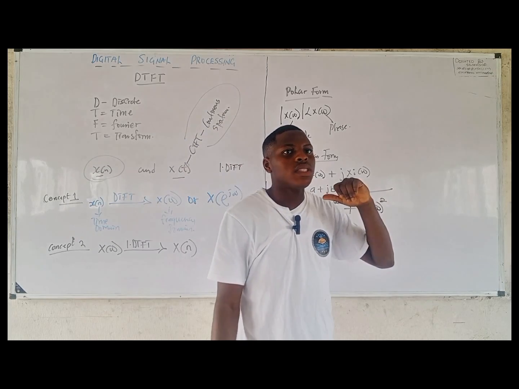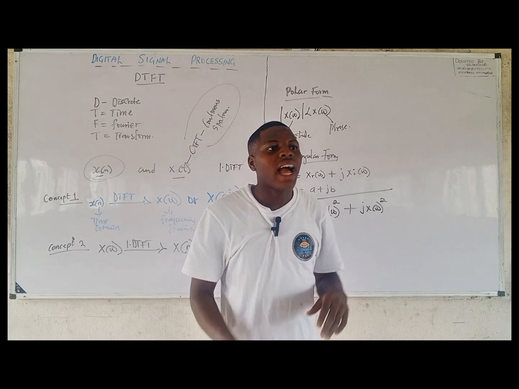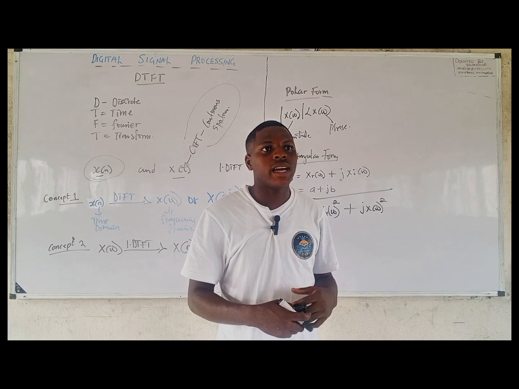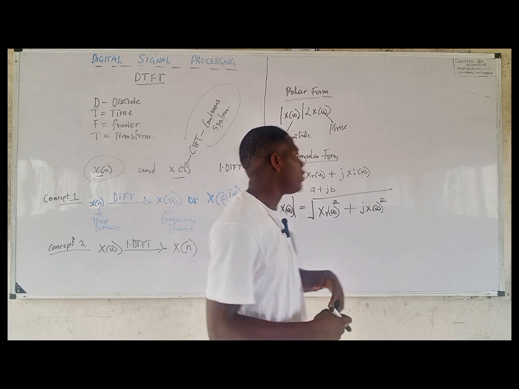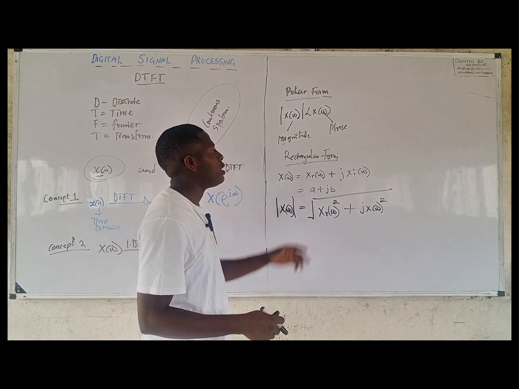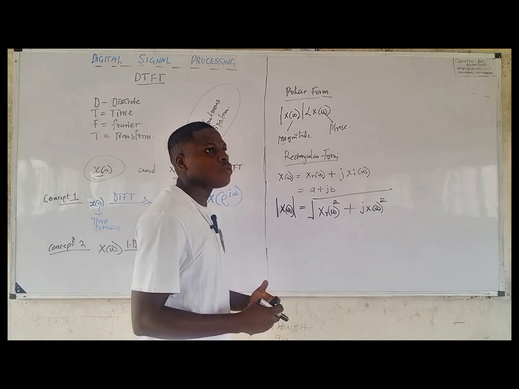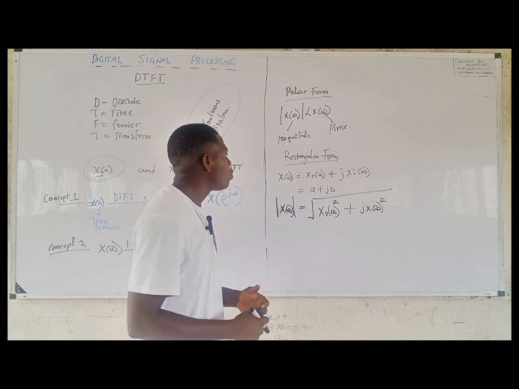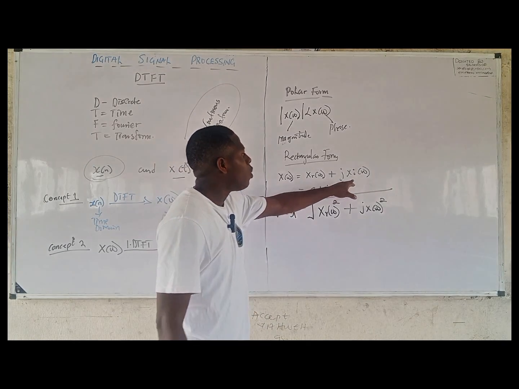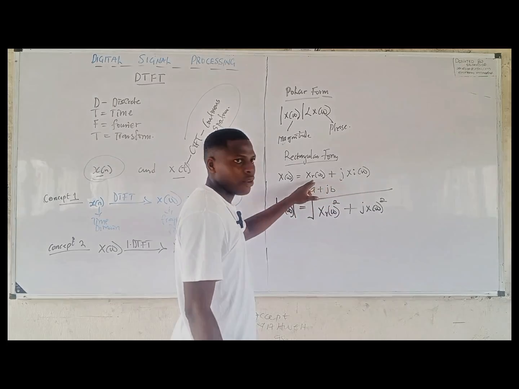Now, the next thing we'll consider is the phase of the signal. How do you get the phase of the signal? When we have the real part and the imaginary part, what we introduce is the tan inverse. So you take the tan inverse of your imaginary part divided by your real part.